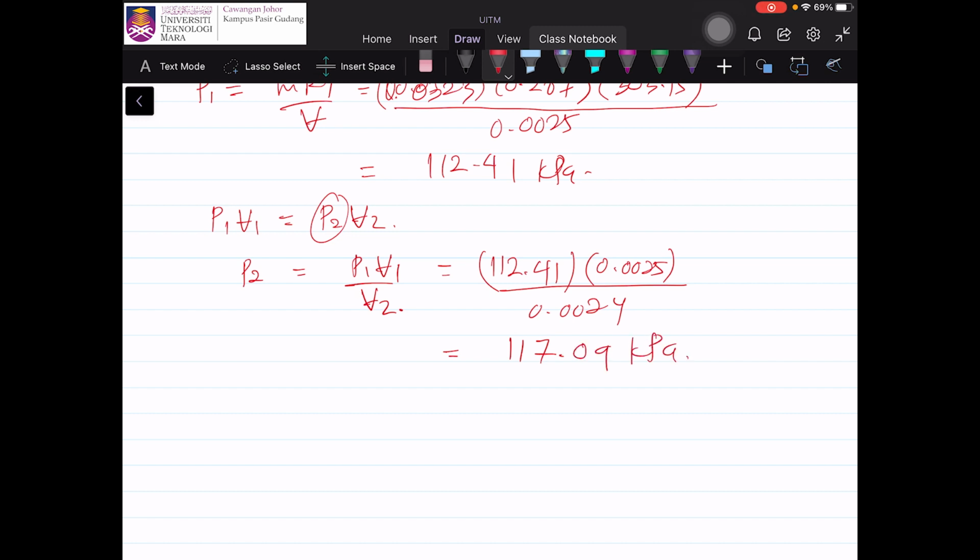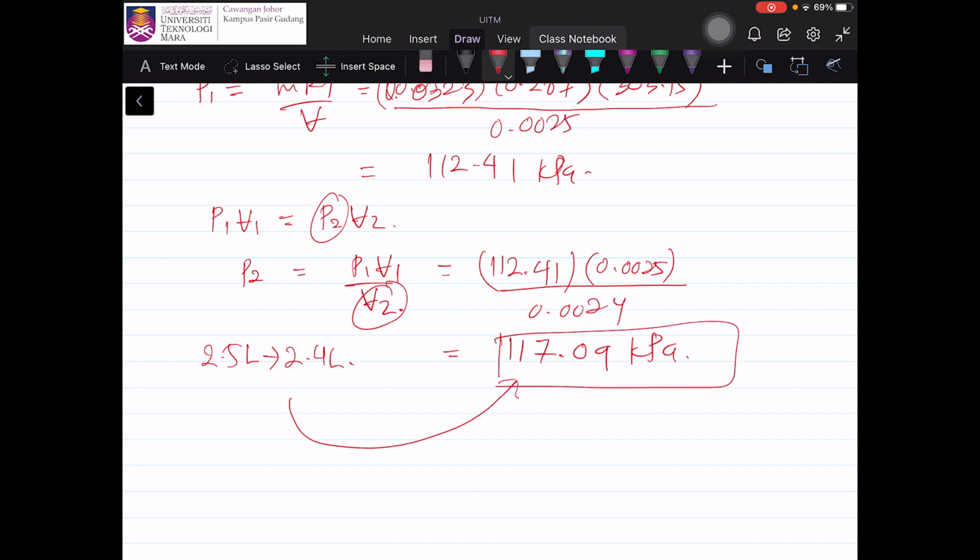As V2 is reduced from 2.5 liter to 2.4 liter, you will see the pressure increase to 117 kPa from the initial pressure of 112.41 kPa.